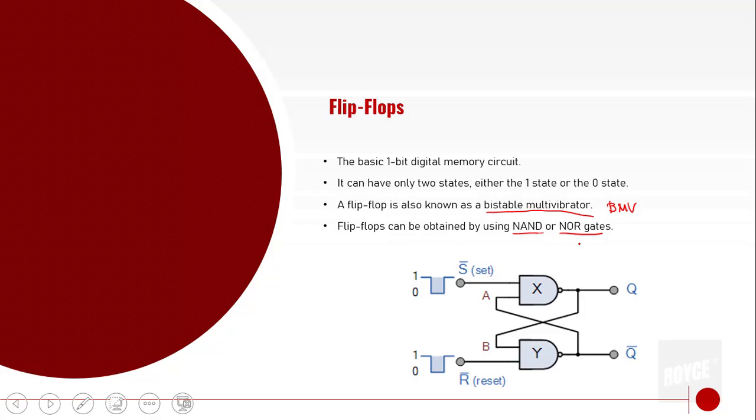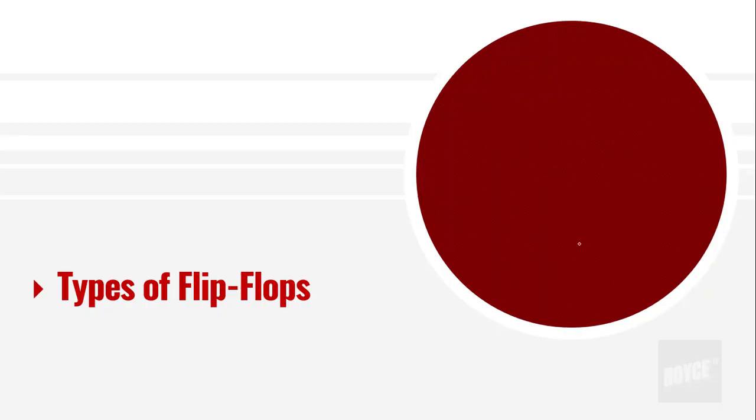Bistable in a sense that meron siyang dalawang stable state. What does it mean? It means that it can have an output of 1, stable yon, and it can also have an output of 0. So that is our flip-flop.